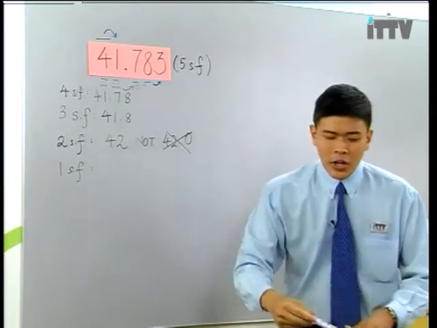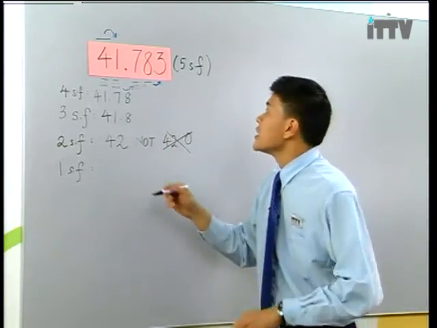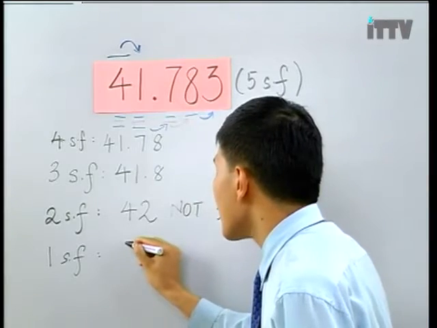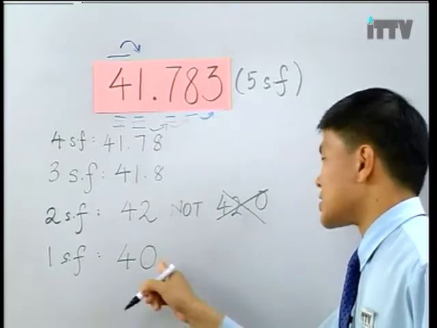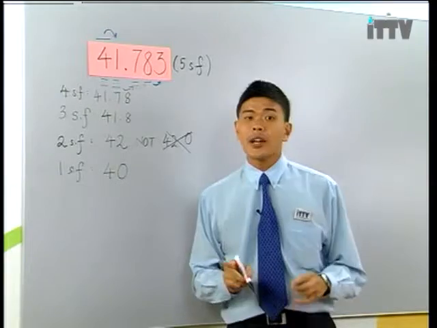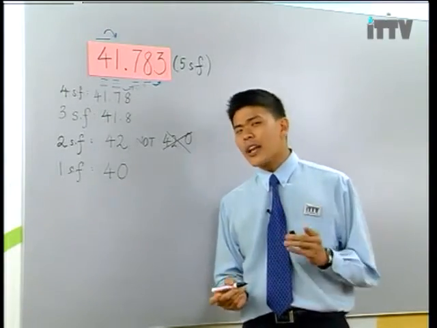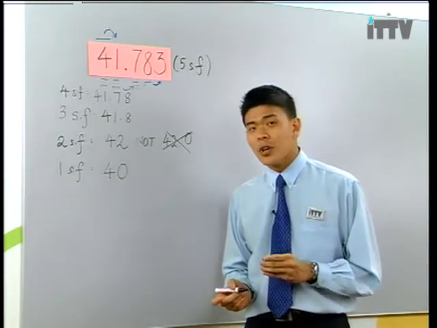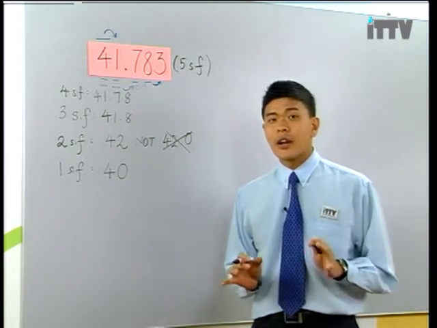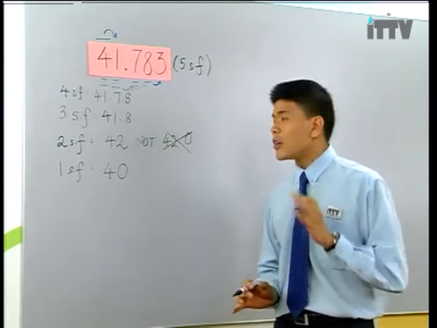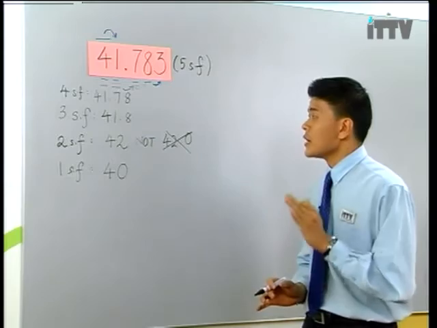So if we were to round it off to 1 significant figure, the answer will be 40. And again, it is 40 and not 40.0. Because anytime you add a 0.0 or a 0.00, although they might refer to the same number, they are already on different levels of accuracy, depending on the rules of significant figures.